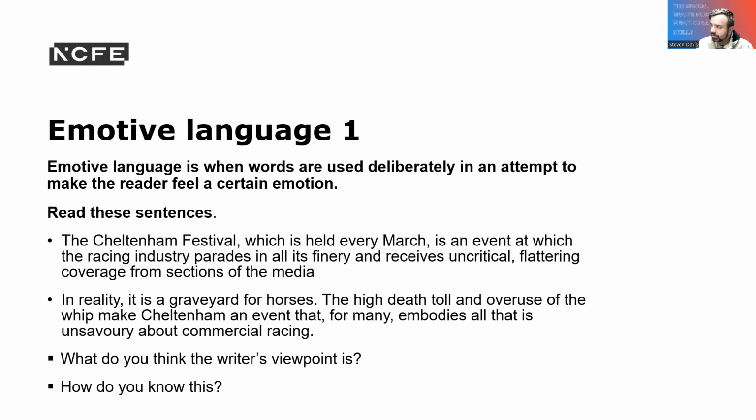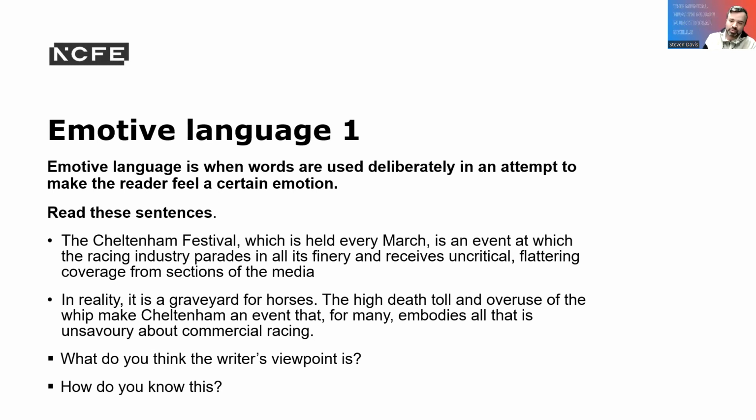So the question here is, what do you think the writer's viewpoint is? I think it's very clear from here, it is a graveyard for horses, that they're very anti this, that it's an antiquated system, it's not current, we don't need it, and it's almost a death sentence.